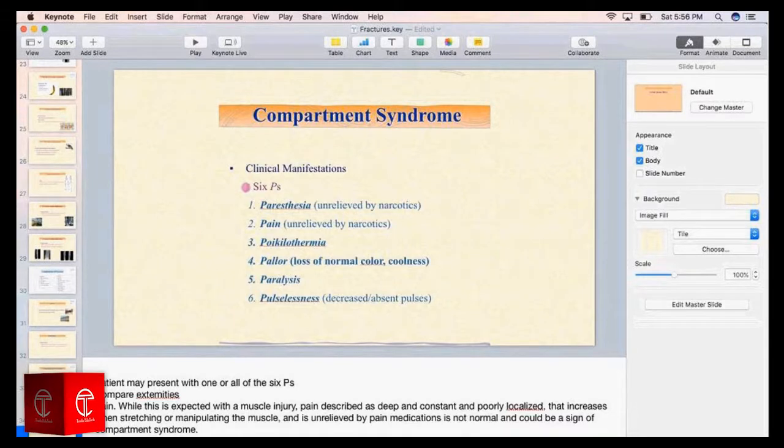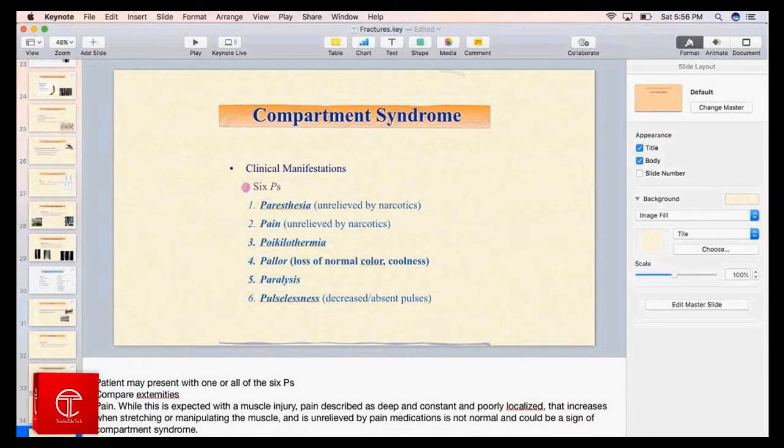Pallor is loss of normal color, but in Asian or Indian patients, particularly black-skinned patients, it's difficult to see the pallor. But you can appreciate the pallor on the nail bed, and you can look for the capillary refill. That is pallor.